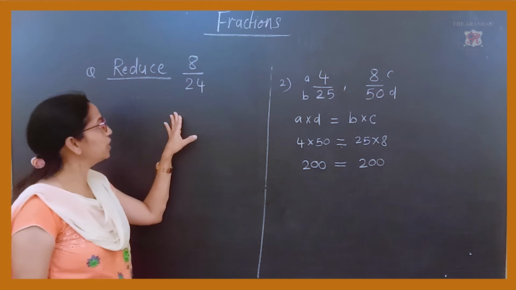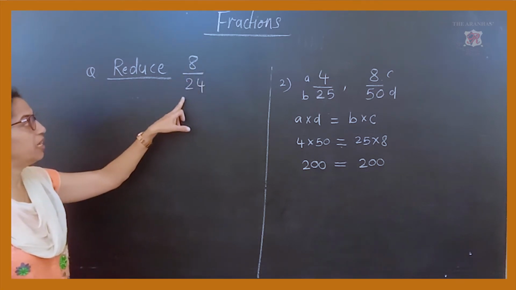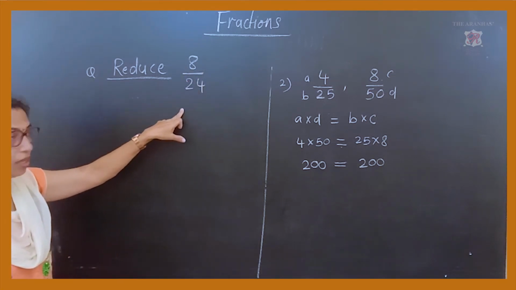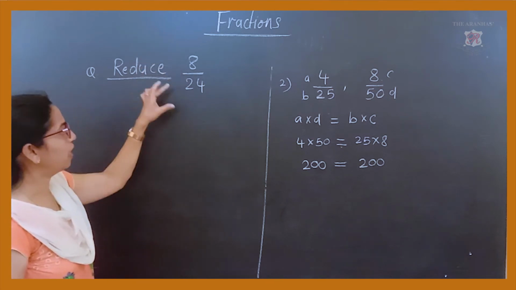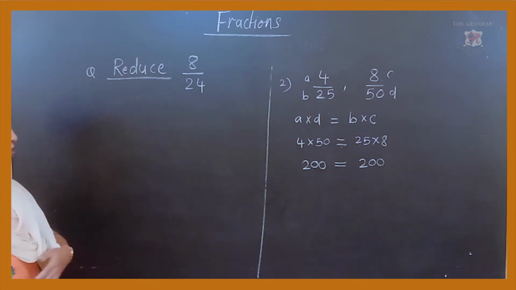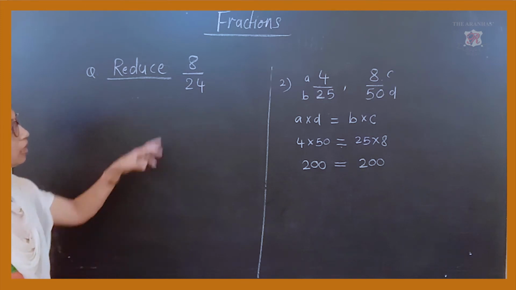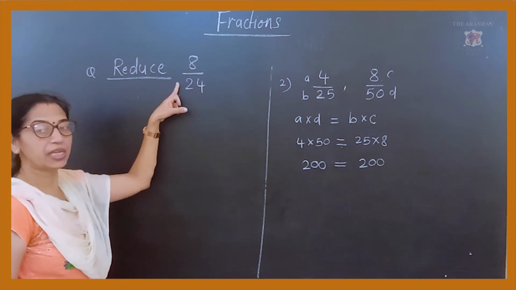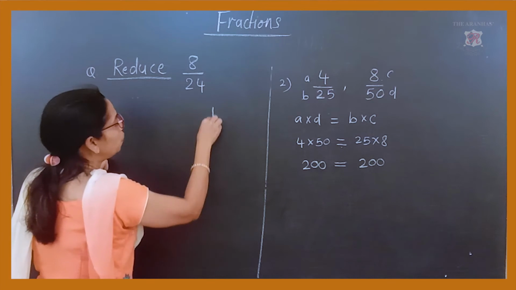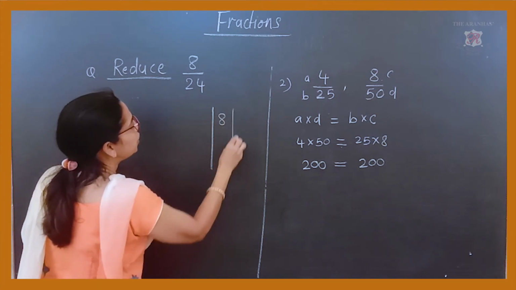Now the question is to reduce the given fraction. Here the numerator is 8 and the denominator is 24. When such a fraction is given to you, first you have to take the HCF.